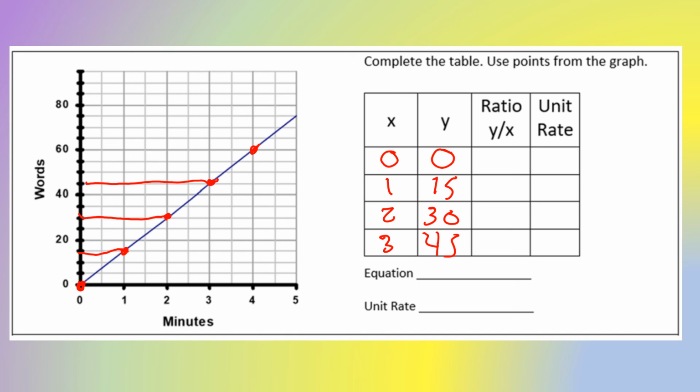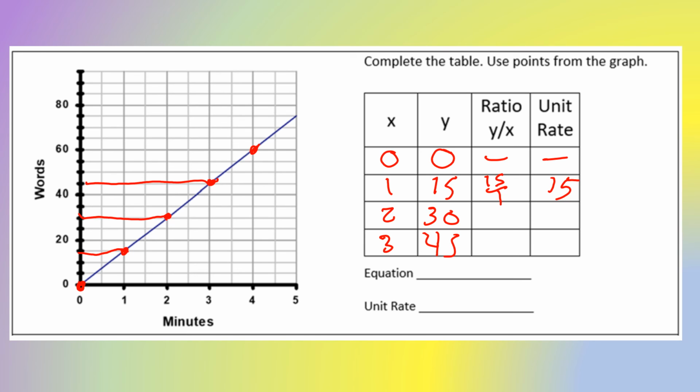So there's not going to be a ratio here for 0, 0. The ratio for 1 comma 15 is 15 over 1. The unit rate there is just 15. Simplify it.